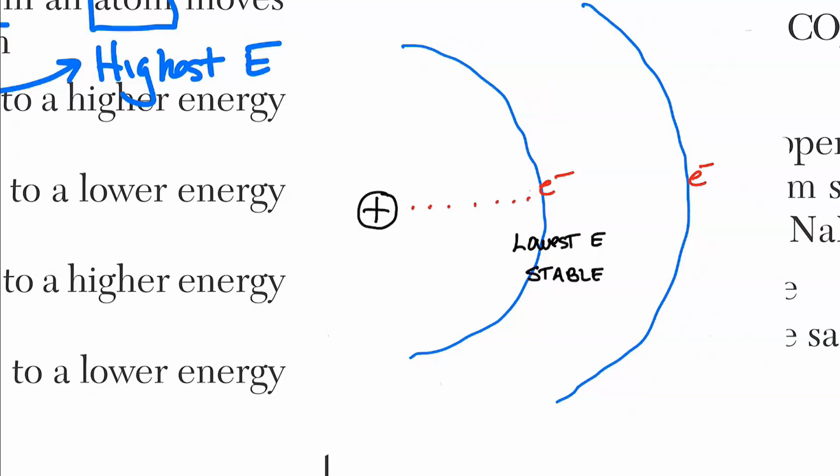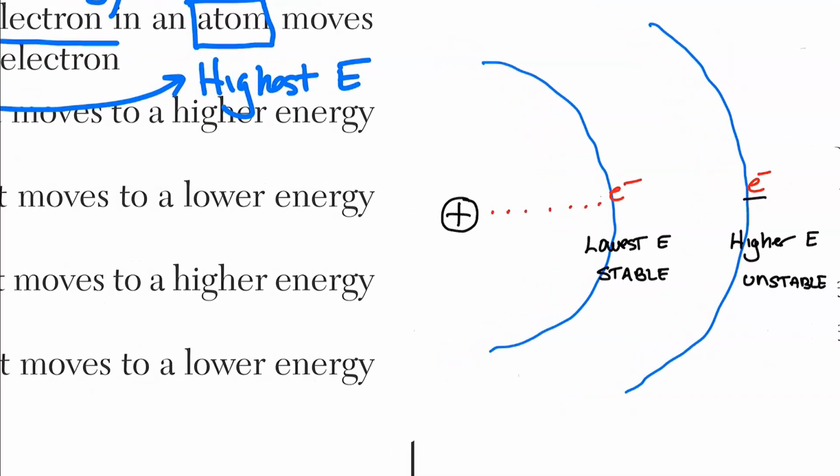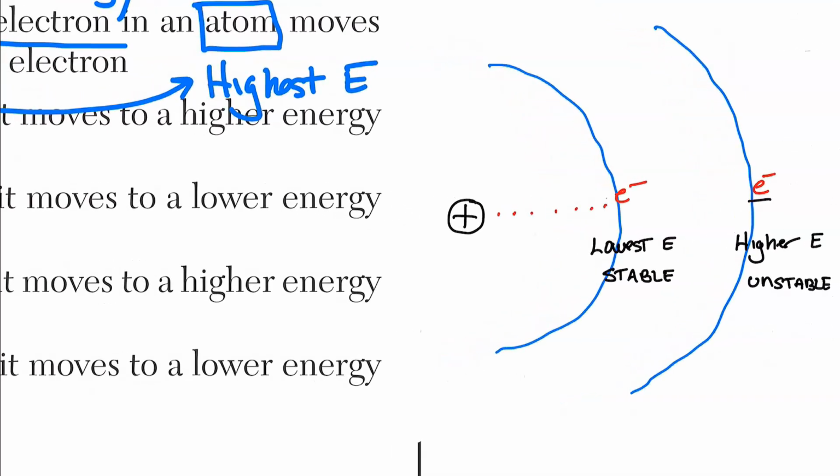Now, things like electrons that are farther away from the nucleus, like this electron here, we're going to say have higher energy, and we say that's unstable. If you've got high energy, that normally means that you're going to do something with that energy. And so electrons that are farther away are unstable.